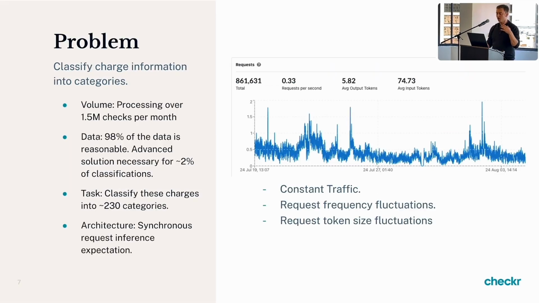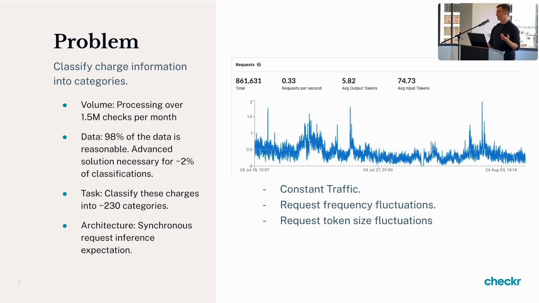So a little bit more about the problem. There's 1.5 million reports, checks per month. And 98% of these charges are pretty simple, right? It doesn't take an advanced ML algorithm to solve it. But the last 2% is pretty complex, and it's complex for humans to do, and it's complex for some of the naive models to do as well.